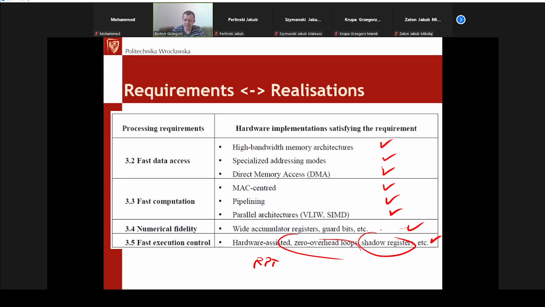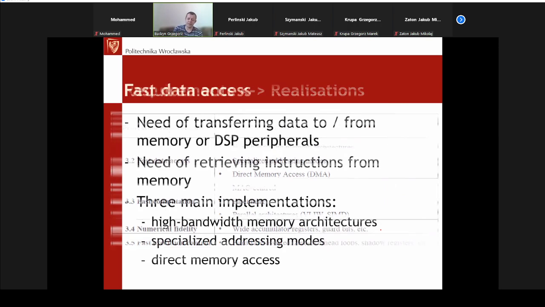In some signal processing units, we can find such an idea for faster interrupt servicing, so that we don't need to push to stack and pop from stack, but can simply use shadow registers for the purpose of a fast interrupt routine. So a couple of ideas here are characterizing or speeding up the execution, the data processing in microcontrollers.